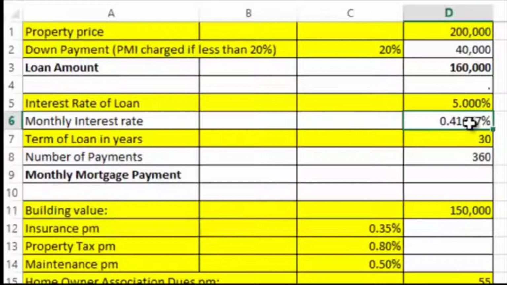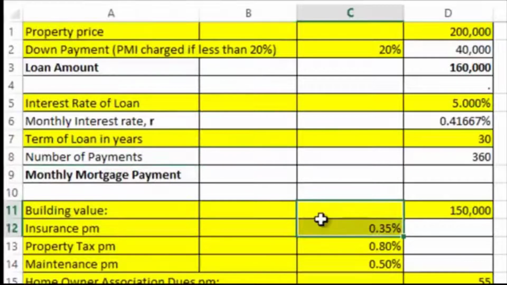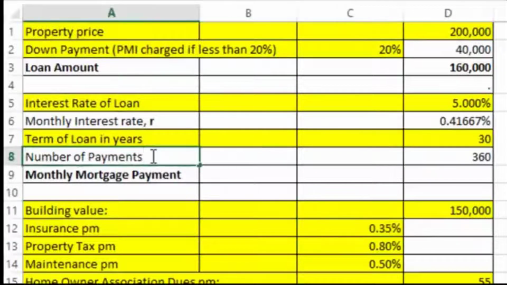Monthly interest rate, that's R, right? Number of payments, that's T, isn't it? So T is D8, right? And so that's all we need from here, and then we go back to the paper and write out what our entry should look like.